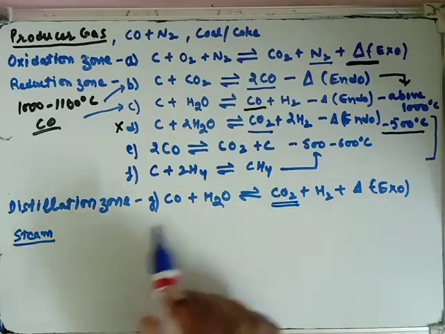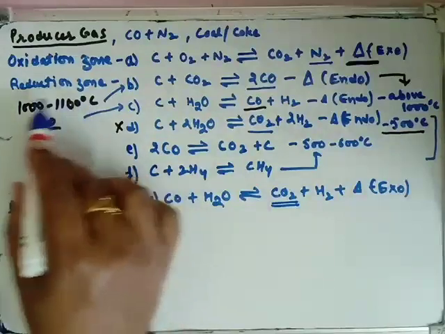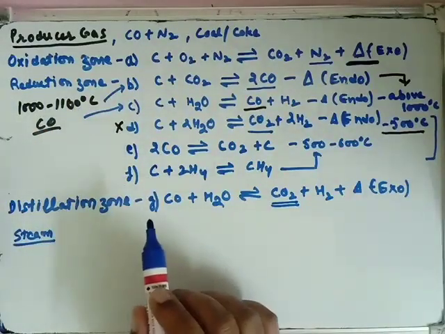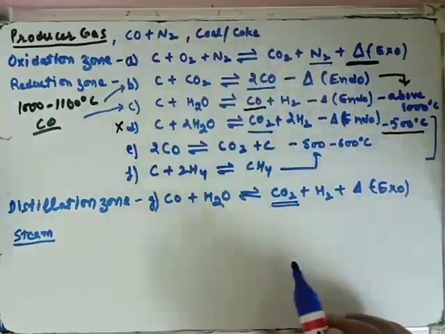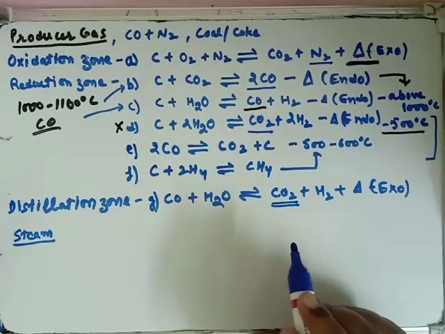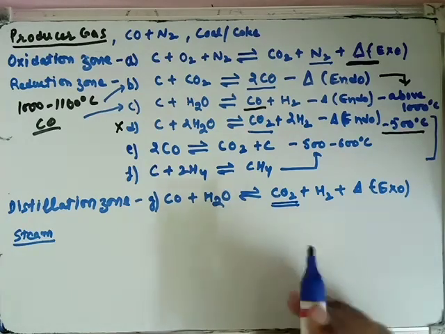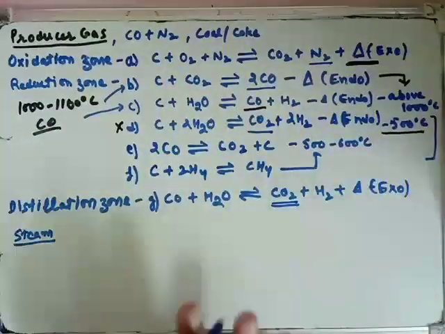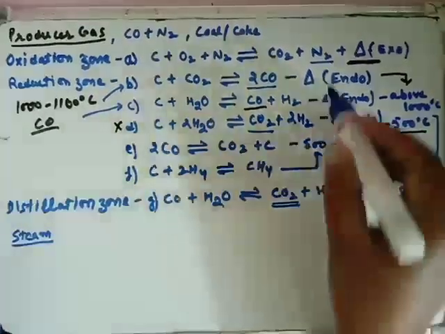And the second thing is that the temperature of the reduction zone should be maintained at 1000 to 1100 degrees Celsius, so that the maximum concentration of carbon monoxide is produced in the reaction. Right, now at the end, these are all the reactions which take place in the gas producer. Now we have everything.